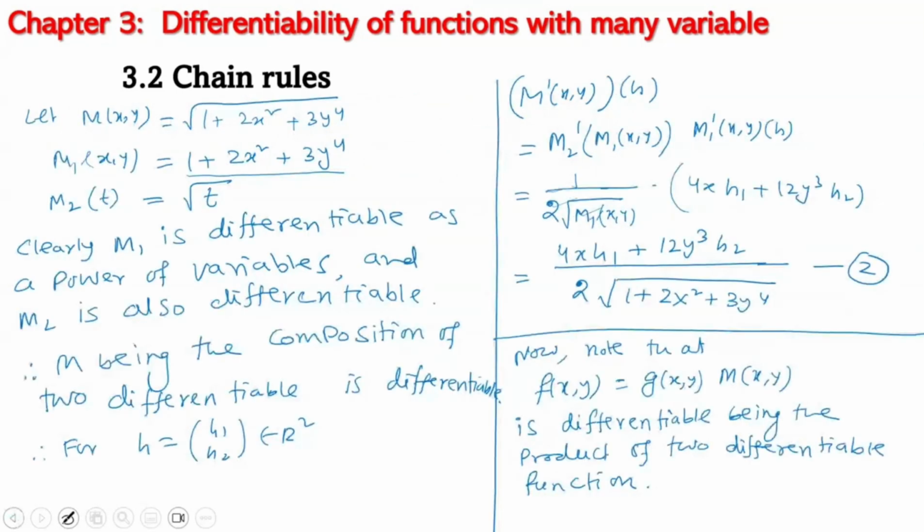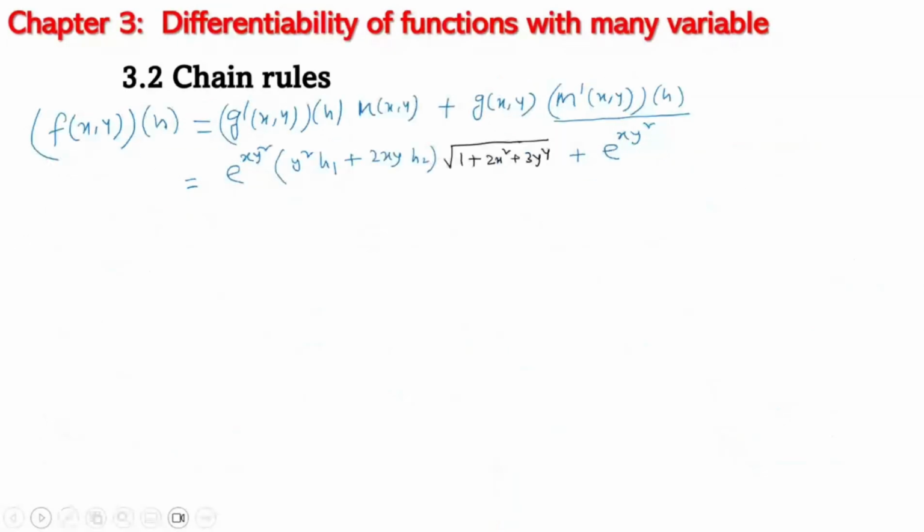This m dash (x,y) h is 4x h1 plus 12 y to the power 3 h2 over the square root of 1 plus 2x square plus 3y to the power 4.